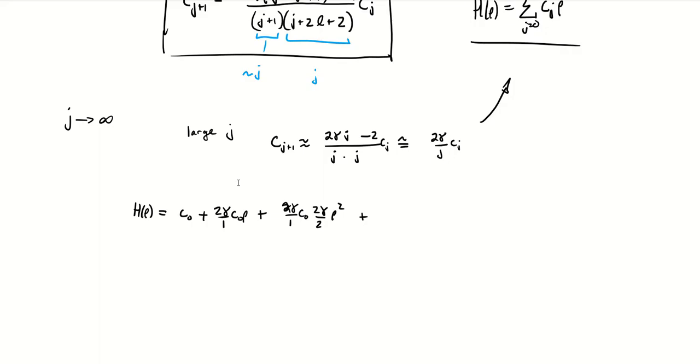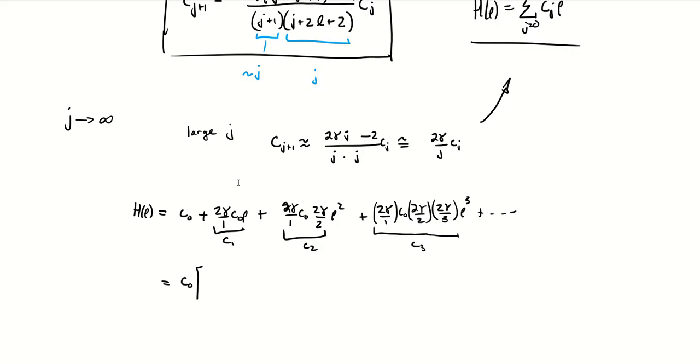And then the next term is this times another 2γ over 3 from the recursion relation, which is my C3, times rho to the 3, plus dot dot dot. You can sort of see this pattern here.